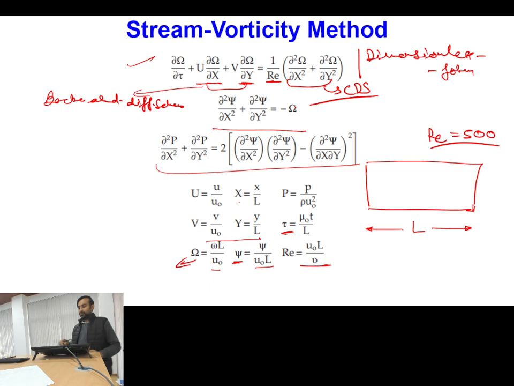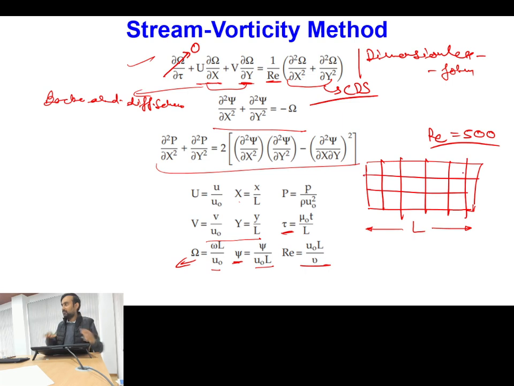Okay, so for the diffusion term you can go for central difference scheme, and for these you can go for backward difference scheme, and in the starting avoid the temporal term, just consider the steady flow situation. So just solve this system of equations, take say 20 grids, that's it. Take a very coarse mesh and solve it on paper.